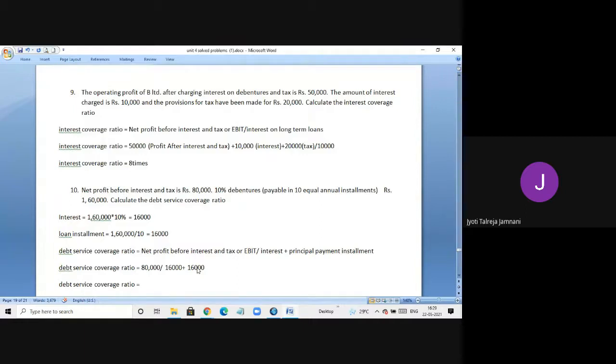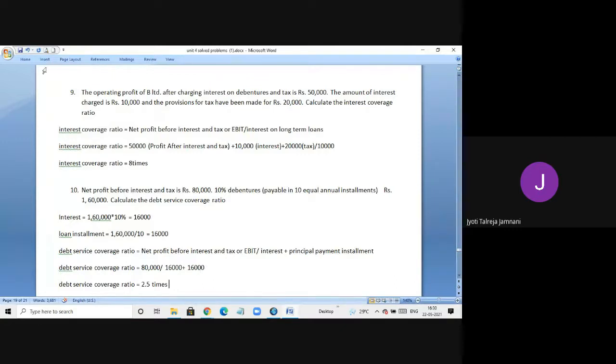So 80,000 divided by 32,000, you get it as 2.5 times. That means I am able to repay my loan installment plus interest 2.5 times out of the profit that I have made this year. So out of my profit, 2.5 times I can pay the loan and the interest, the installment of the loan.